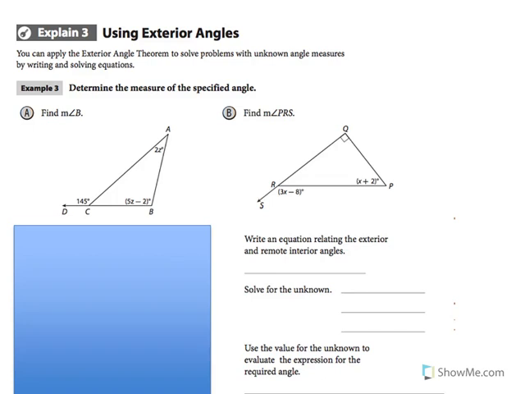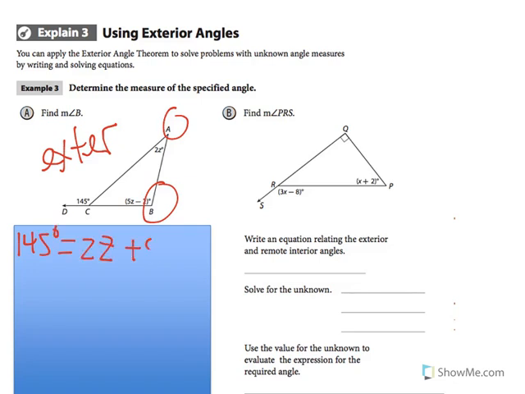Example 3. Determine the measure of a specific angle. Find the measurement of angle B. We see that this is our exterior angle, and these two are our remote interiors. So we can write an equation: 145 equals 2z plus 5z minus 2.